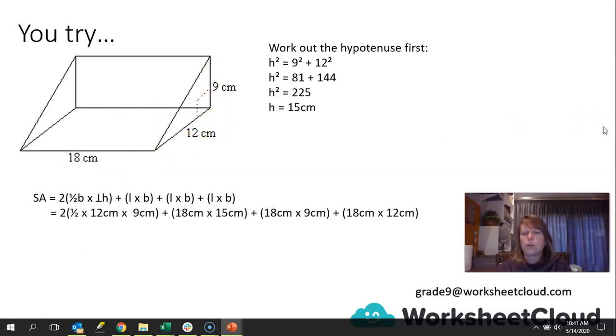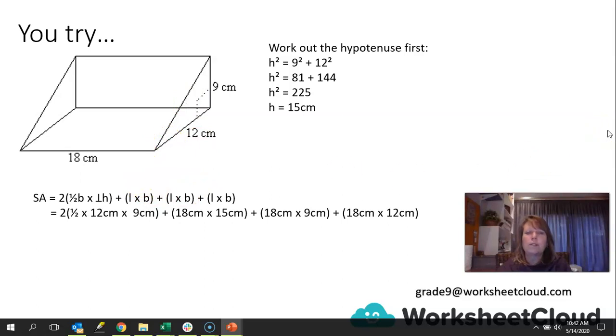Okay, so we've got half times 12 is 6. Like I said, 6 times 9 would give me 54, and then I have to double that. Then 18 times 15, that's this top surface. Then 18 times 9, which is that back surface, and then 18 times 12, which is the bottom surface.